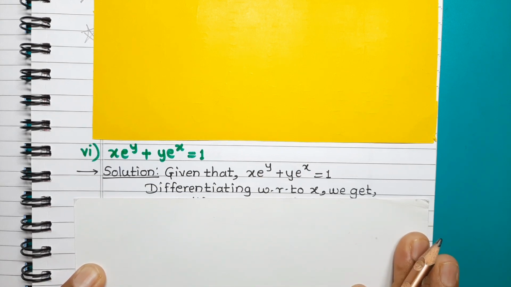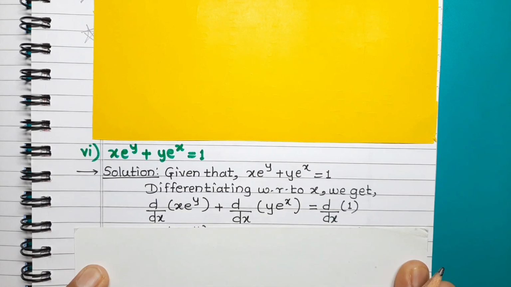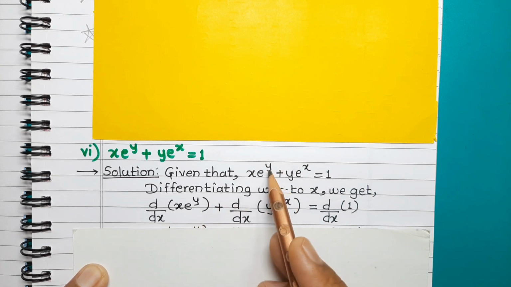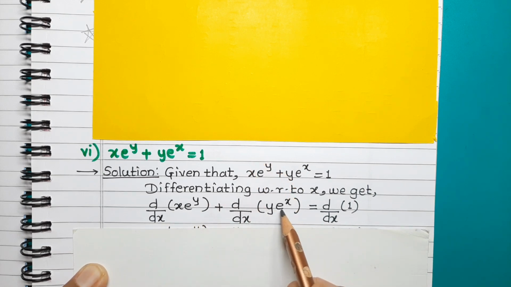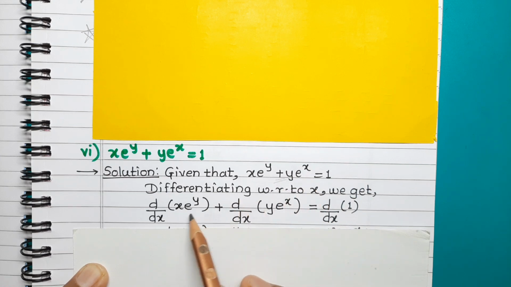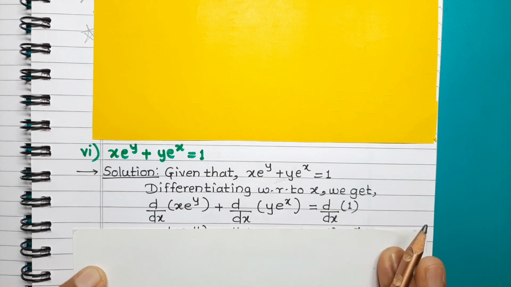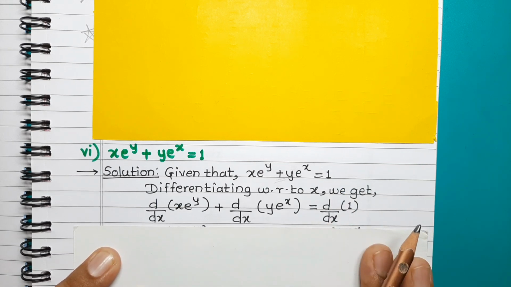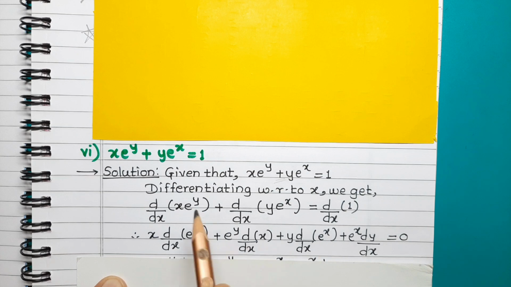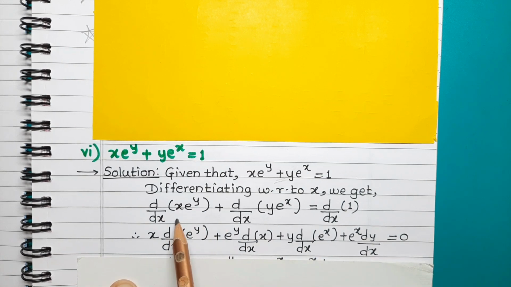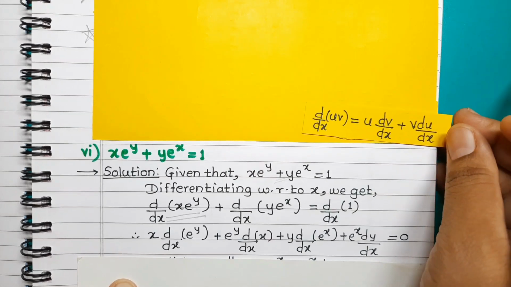Differentiating with respect to x, we will get, see, derivative of x into e raised to y, derivative of this term, plus derivative of y into e raised to x. Since there is a sum of these two terms, we have added their derivatives, is equal to derivative of this one. Let's evaluate these derivatives in the next step. See here again we have to use product rule to evaluate this derivative.